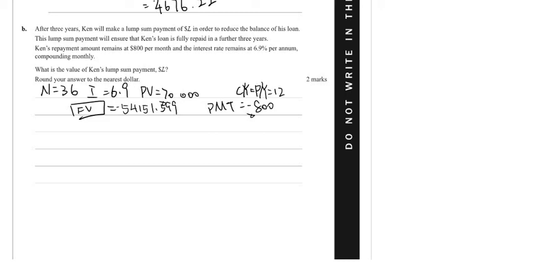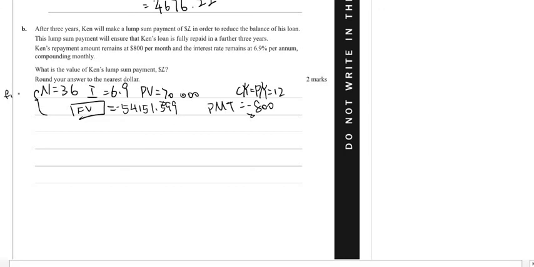So I know that at the end of the 3 years, or at the start of the fourth year, he's making another payment, and his target is that after a further 3 years, the amount of loan will be paid off. So this is my stage 1, my first 3 years.